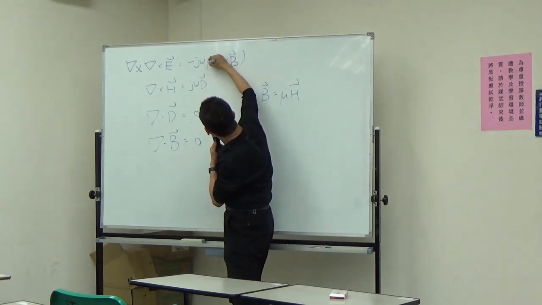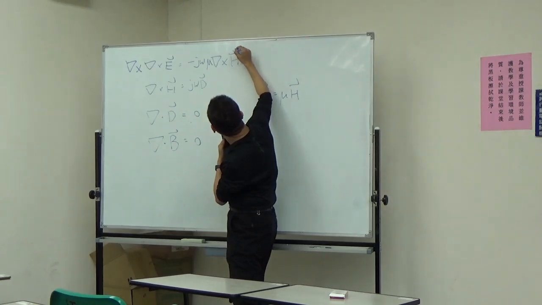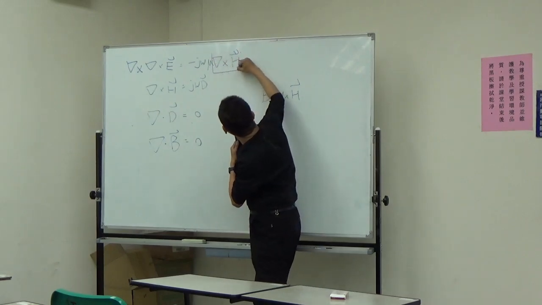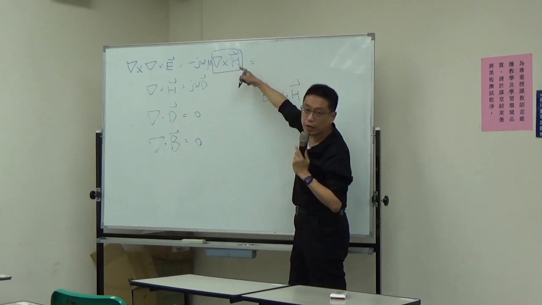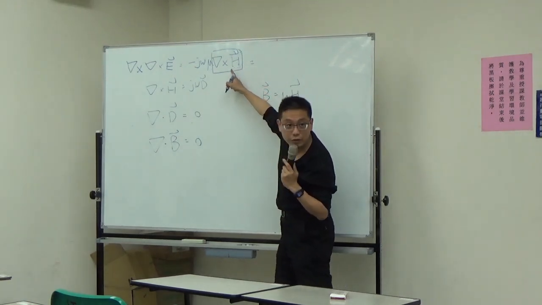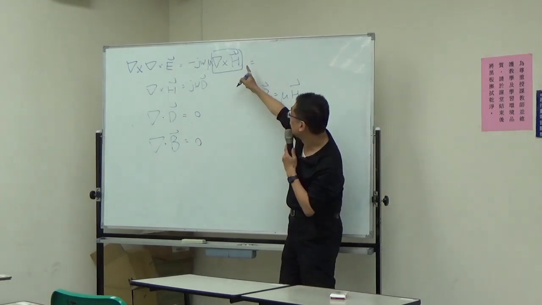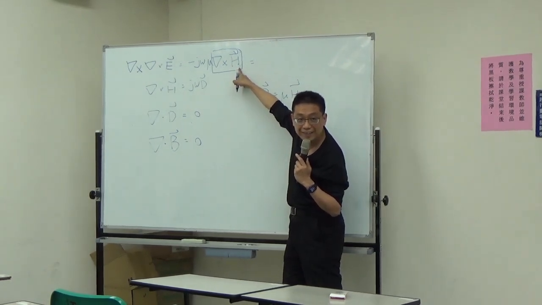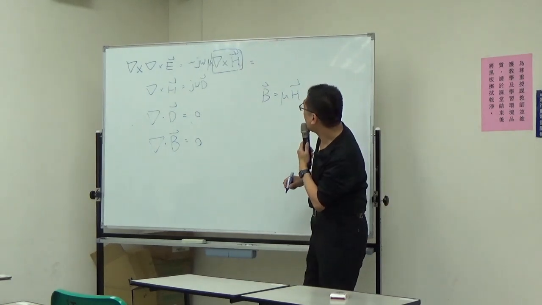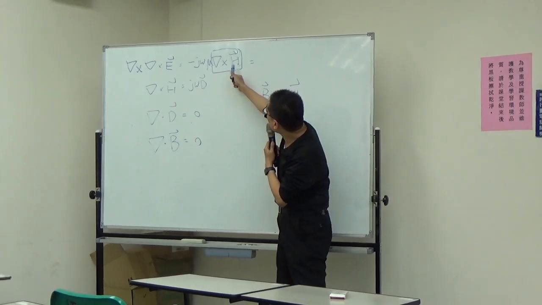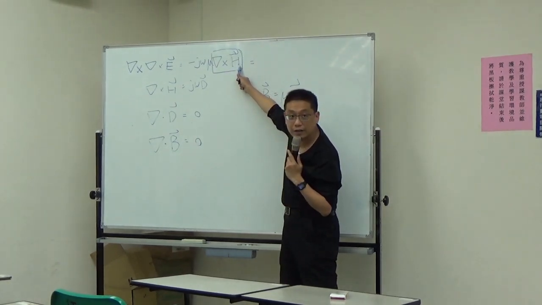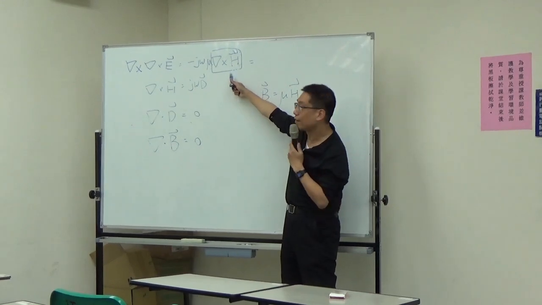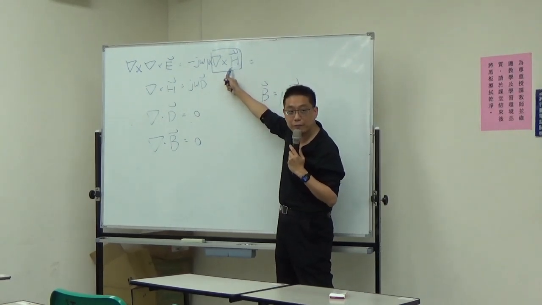So H can change this one to here. What is the curl of H? Can you find that from our whiteboard?